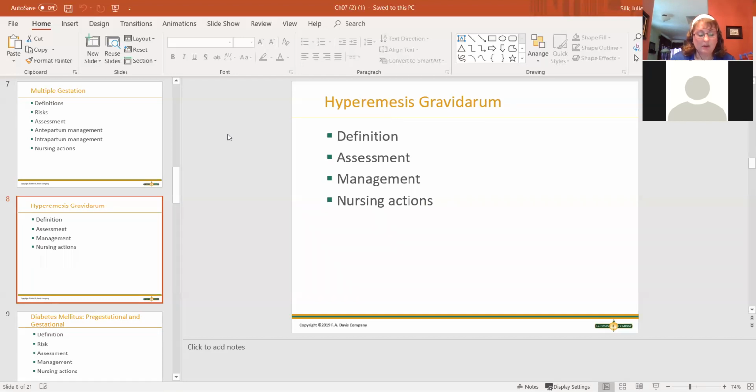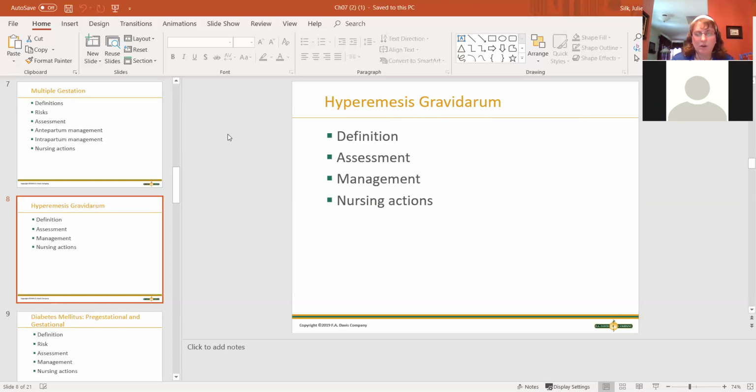With assessment, you're going to see things like vomiting that is prolonged, frequent, and severe, weight loss, ketosis, lightheadedness, dizziness, tachycardia, dry mucous membranes, poor skin turgor, decreased blood pressure, and just a general malaise.